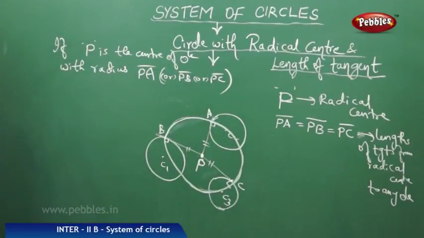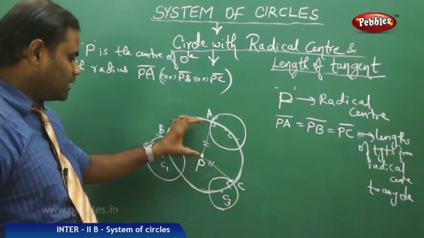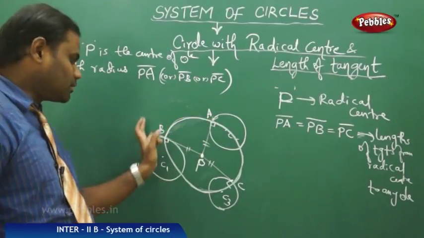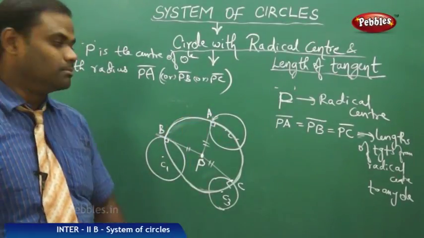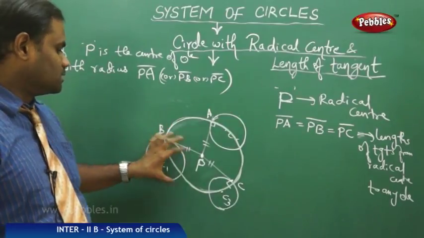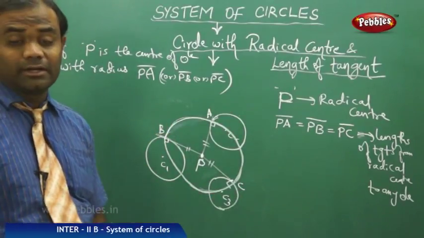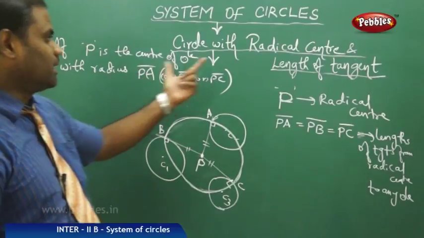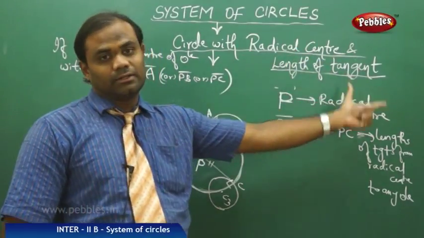The property is that if I take a circle with the radical center as center and the length of tangent as radius and draw a circle, that circle will be orthogonal to this, this, and this. That's how we identify the geometrical property connecting the radical center and length of tangent.